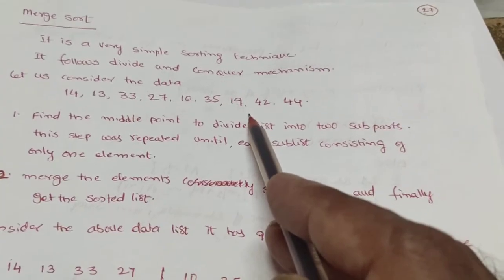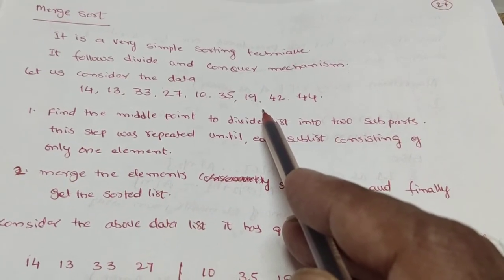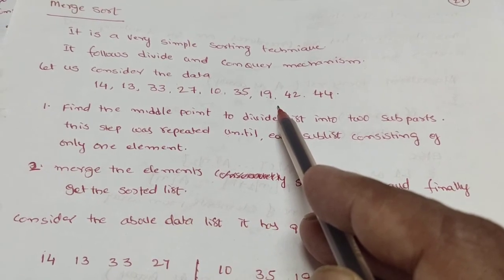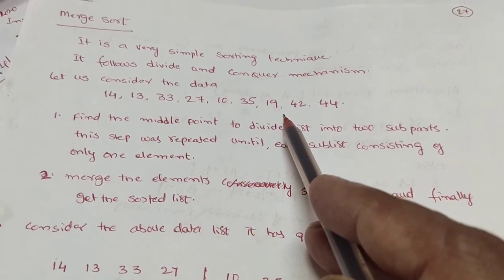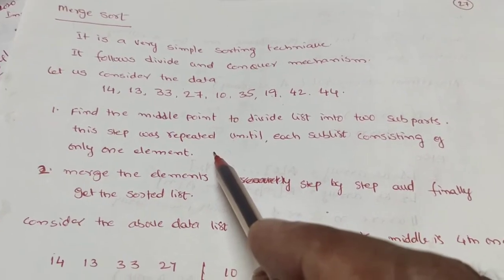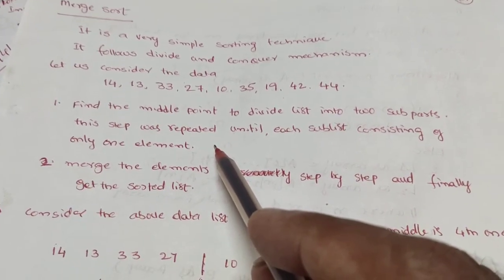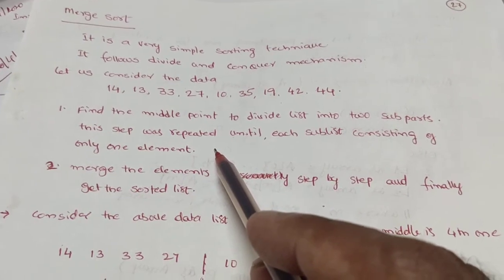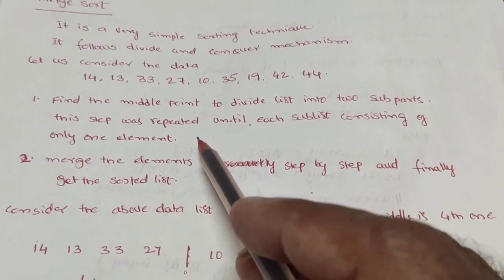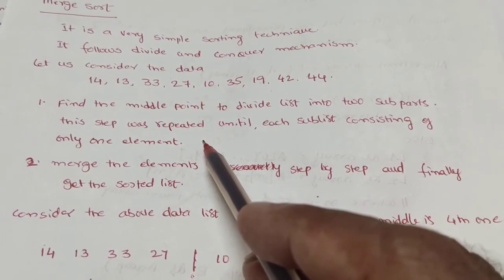That is, the main list or main array consisting of the data elements is divided into 2 sublists. Here we can repeat the step until each and every list consists of a single data element, right?